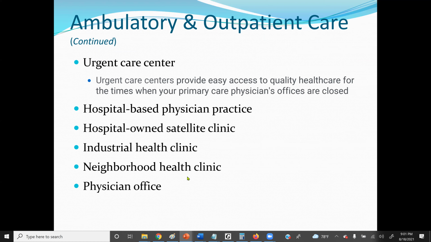An industrial health clinic. We may have a neighborhood health clinic. This normally provides a community with medical or community health. A physician's office can be a private practice, where a medical doctor has his own office.